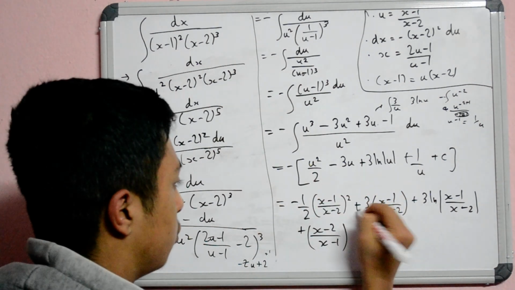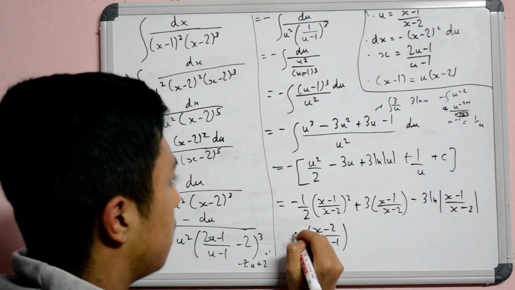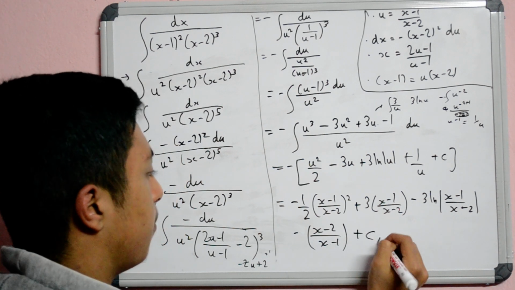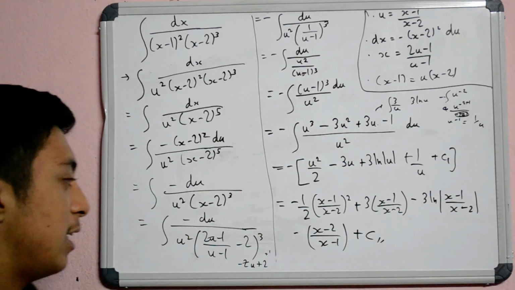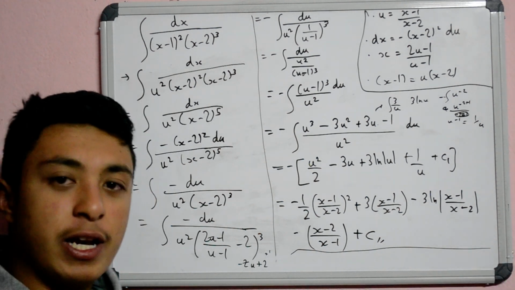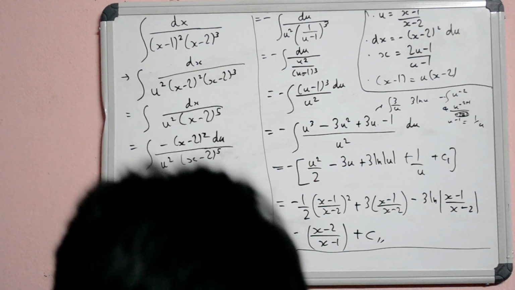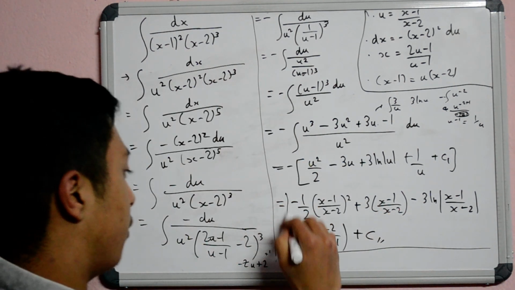Wait, I forgot to multiply the minus. Right. And then plus c, because minus a constant is just another constant, and that is our answer, I hope. Let me check. Yes, indeed, this is the answer right over here.